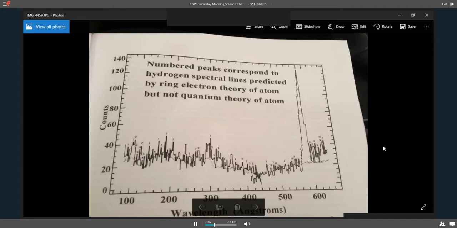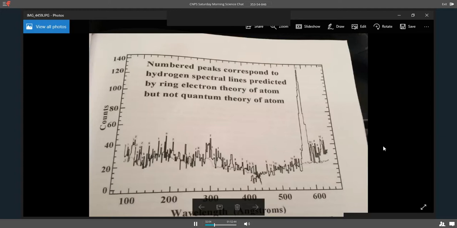And so here's some of the data right on the screen. One of the assumptions is that the electron can orbit around the nucleus in a stable state without continuously emitting radiation. But in every accelerator experiment that I've ever worked on and that I've ever heard of, whenever you have a charged particle like an electron or a proton or a muon or a negatively charged kaon going in a circle, it radiates energy continuously.